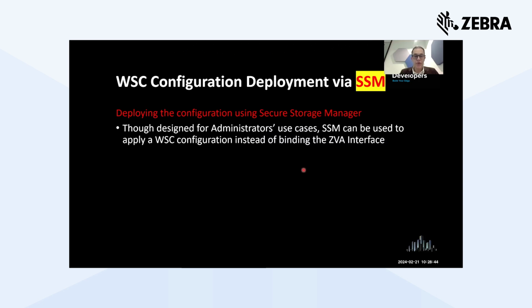I also share that there's another way to deploy the configuration, and it's through our SSM, the Secure Storage Manager. The Secure Storage Manager was covered in the past. You can see on our developers' website specific videos and coverage on that.